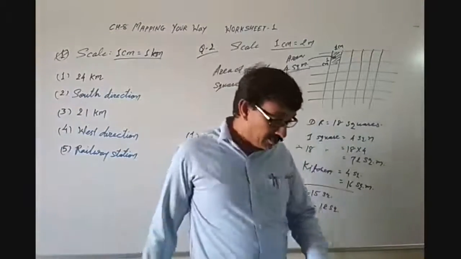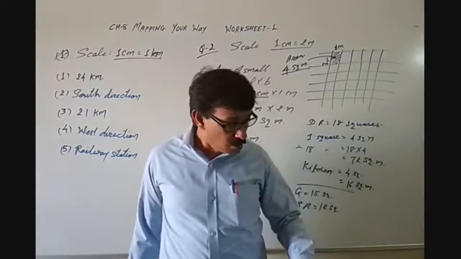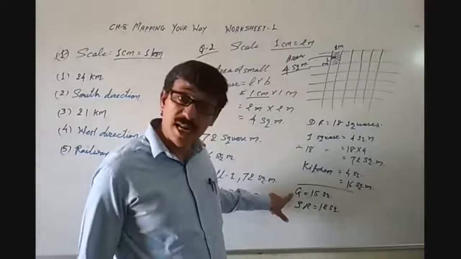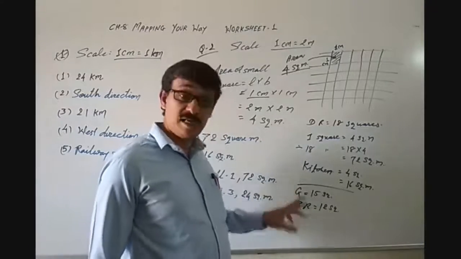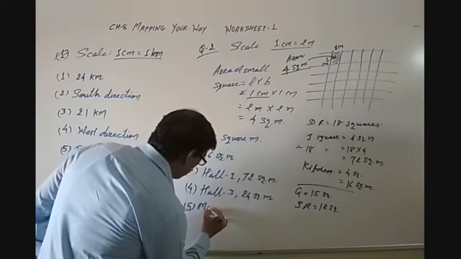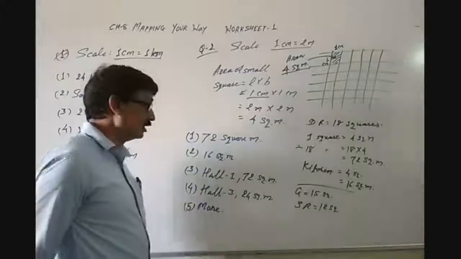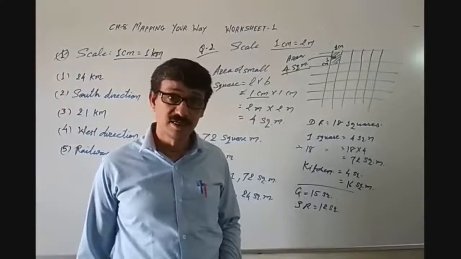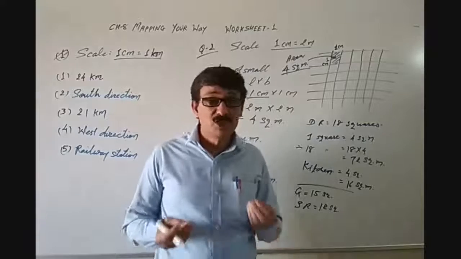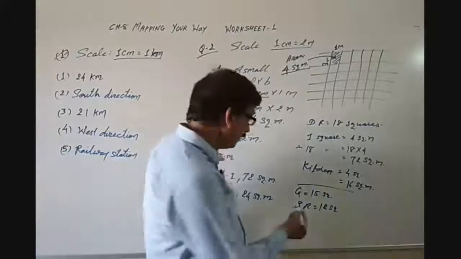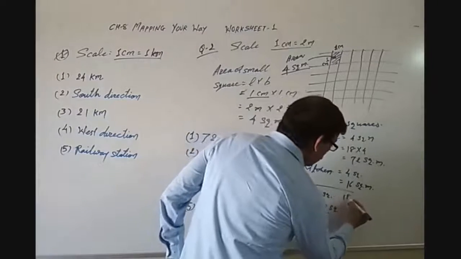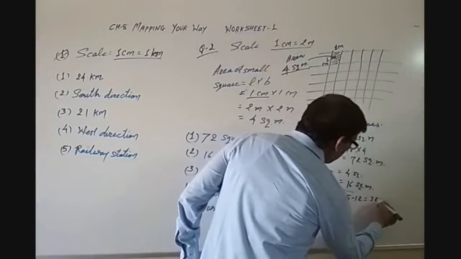Now the question is whether the area of the garden is more or less than the area of the storeroom. Here we can say the area of the garden is more than the storeroom. Now, how many square meters more? This is 15 squares and this is 12, so 15 minus 12 is equal to 3 squares.